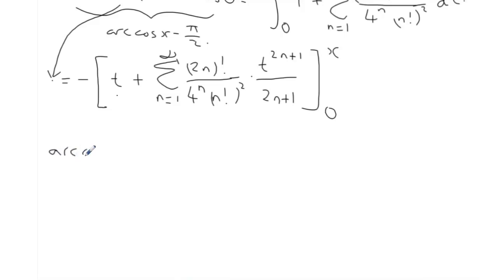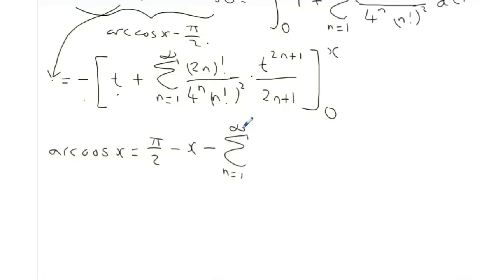So arc cos x equals pi by 2 minus, remember we're now evaluating this antiderivative at x and 0, so t is just going to become x. There's another minus sign because we've got a minus sign outside of the bracket, so it's going to be minus this whole series from n equals 1 to infinity.